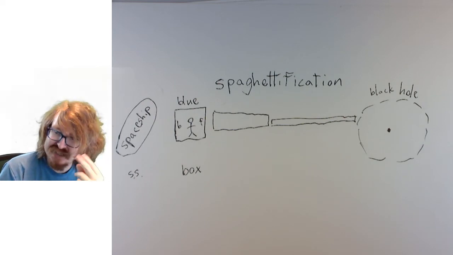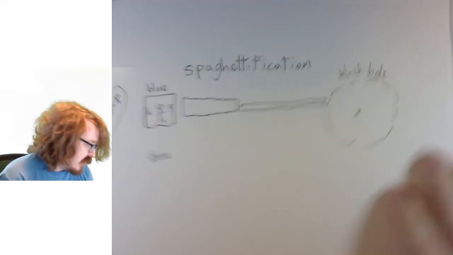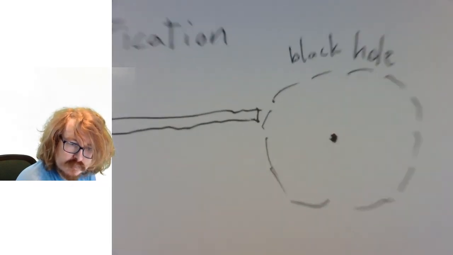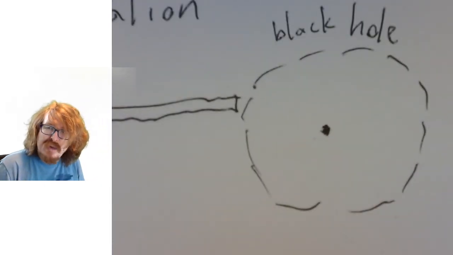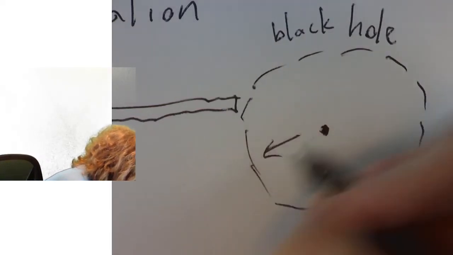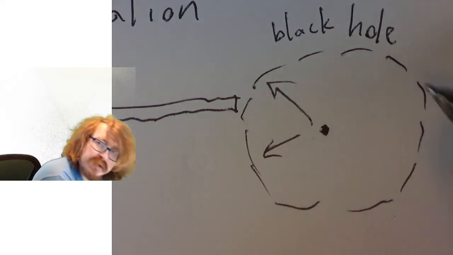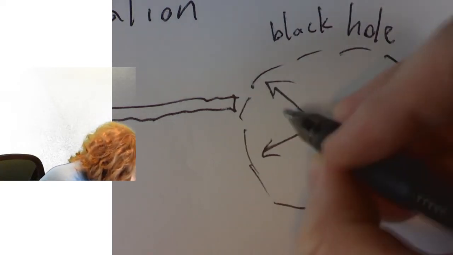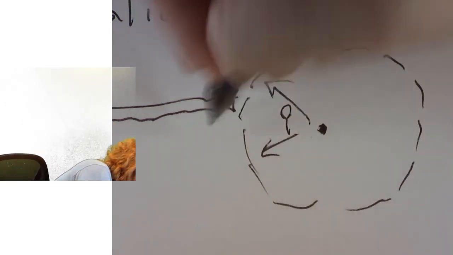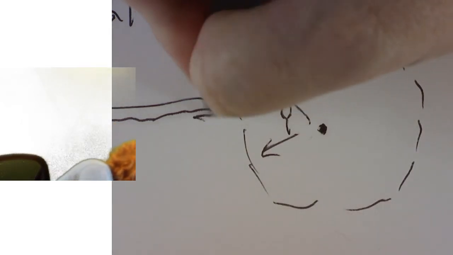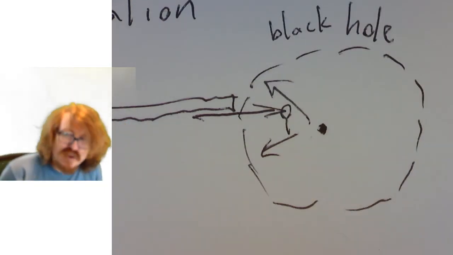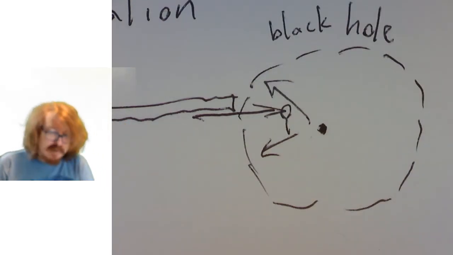So if you're in the event horizon, let me zoom in here a little bit. You have to go faster than the speed of light to go this way, right? But if there's a person in here, if they're looking out, they are looking at light that comes this way. And there's no restriction on going that way.